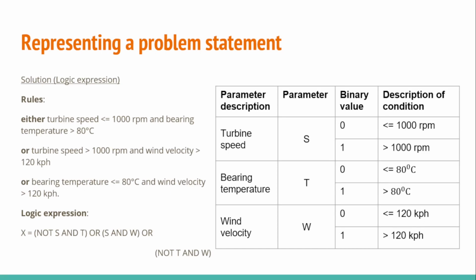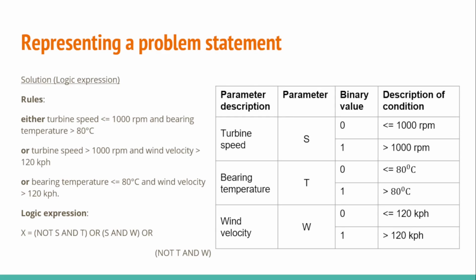Our turbine speed is S, but when it is less than or equal to 1000 rpm, the value is 0, which makes it to be not S. Our bearing temperature T is greater than 80 degrees Celsius. When it is greater than 80 degrees Celsius, it is 1 in binary value, which makes it to be T.